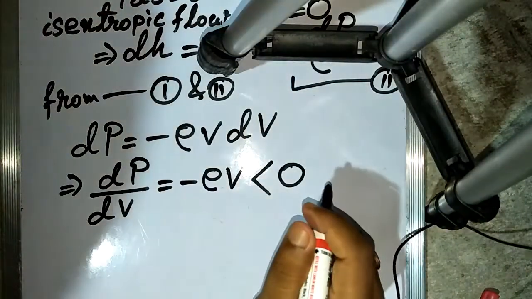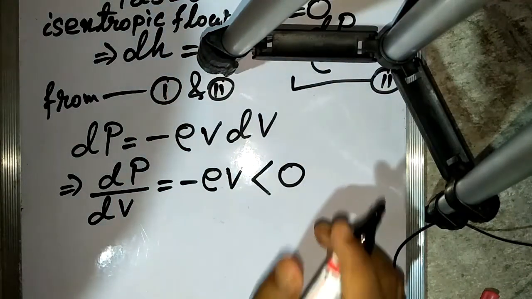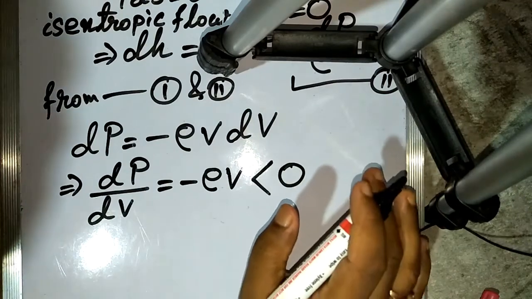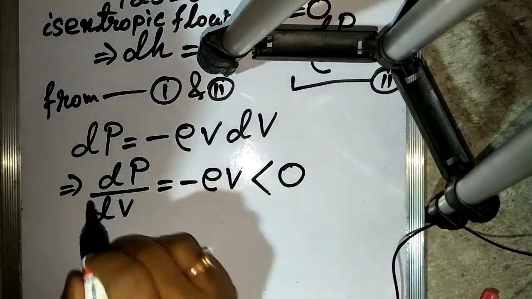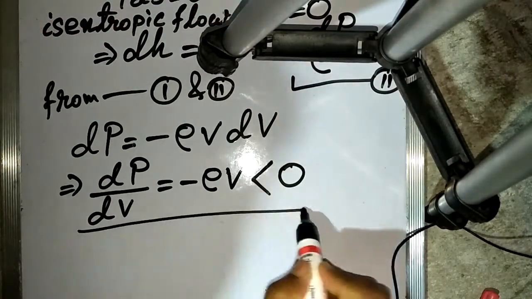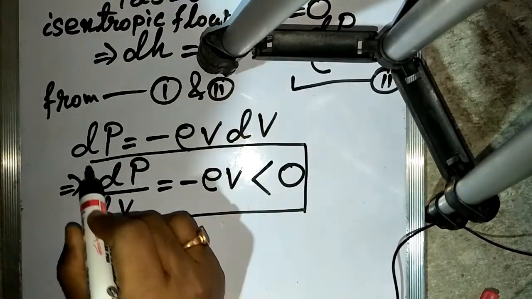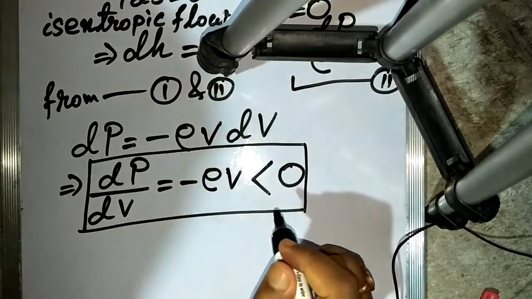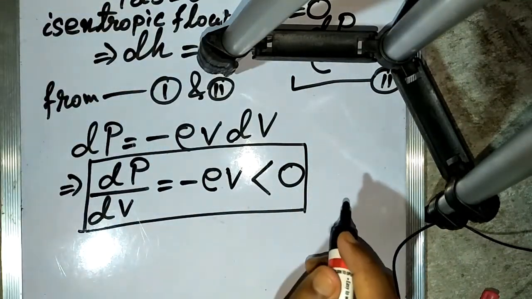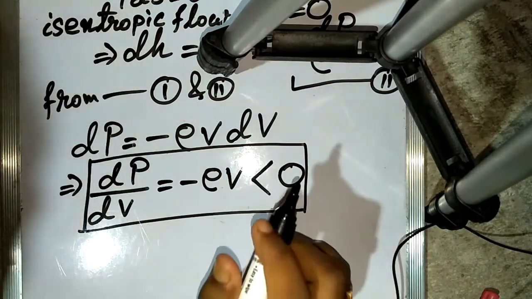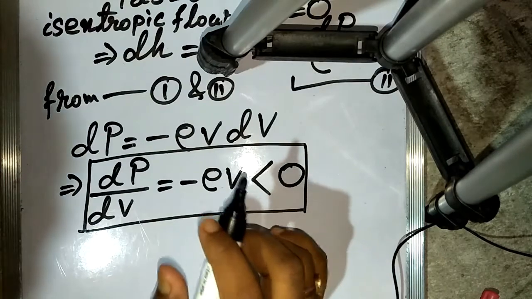That means as the pressure decreases for flow through nozzles, the velocity increases, and vice versa. As the pressure increases, the velocity decreases.